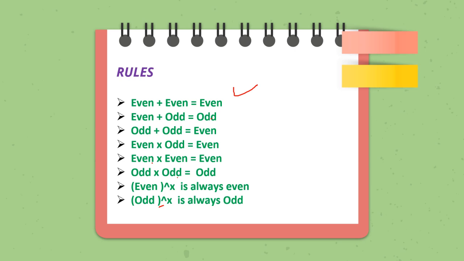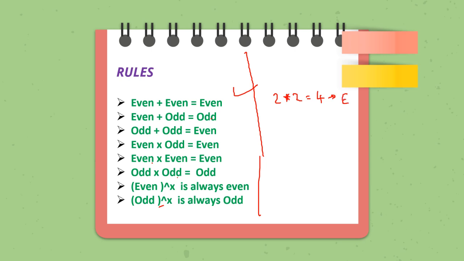Another easiest technique to remember: you need not remember these rules always, but let us just take examples. For even number, I take 2 as an example, and for odd number, I take 3. So 2 plus 2 is 4, which is again an even number, so even plus even is even.